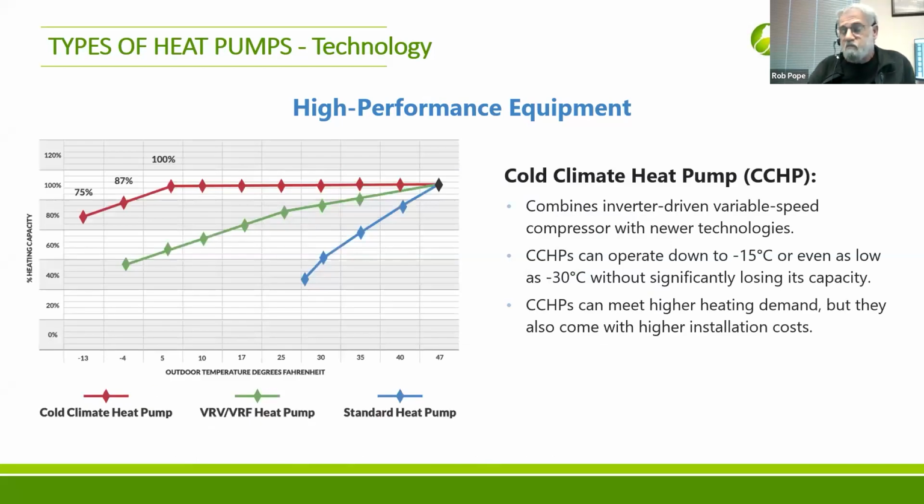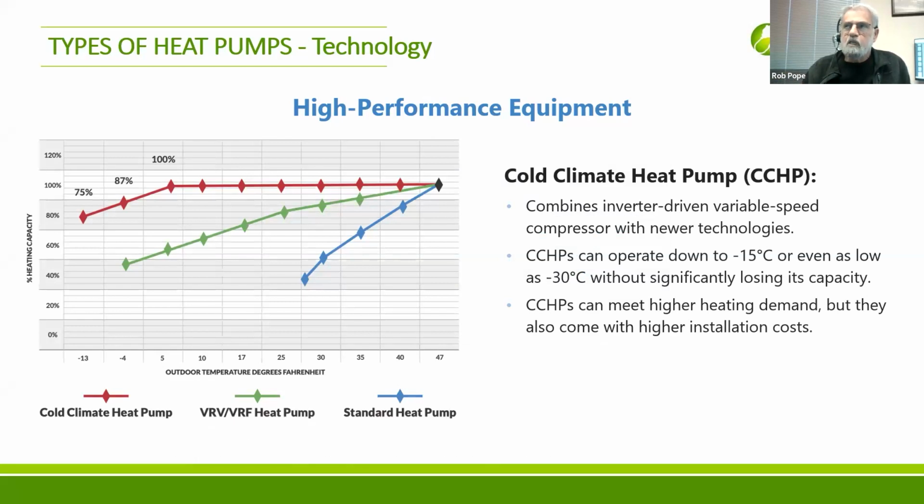And then more recently, not that long ago here in North America, particularly in Canada, believe it or not, heat pump technology advanced with those VRVs that we were just talking about to adapt to colder outdoor temperatures.